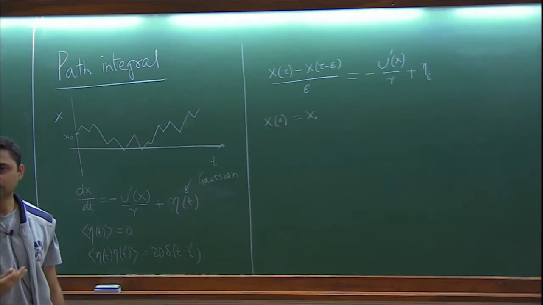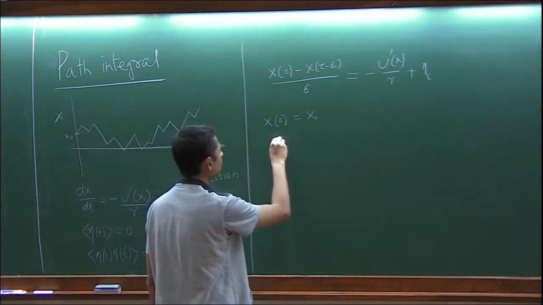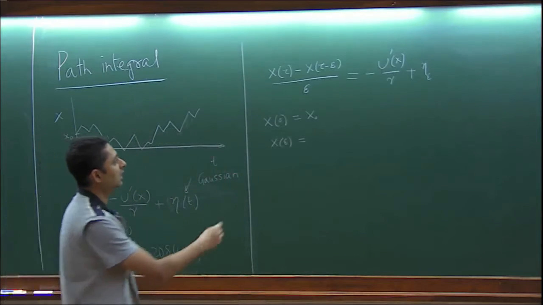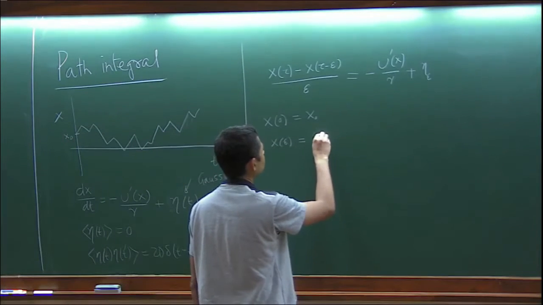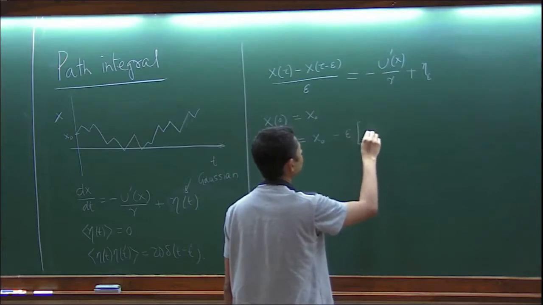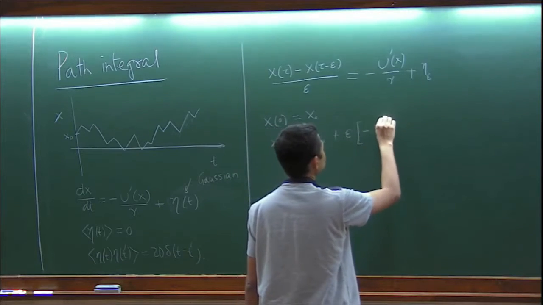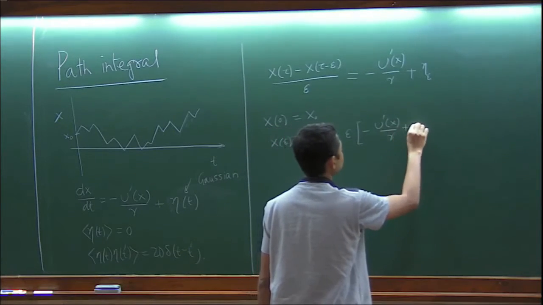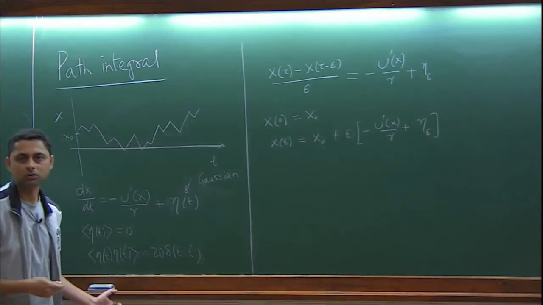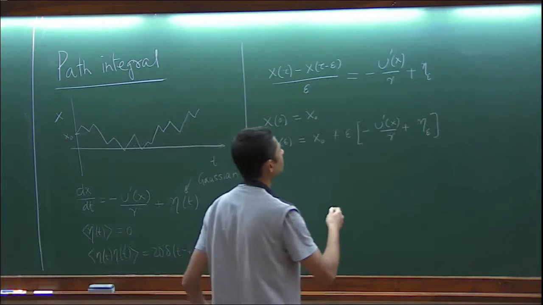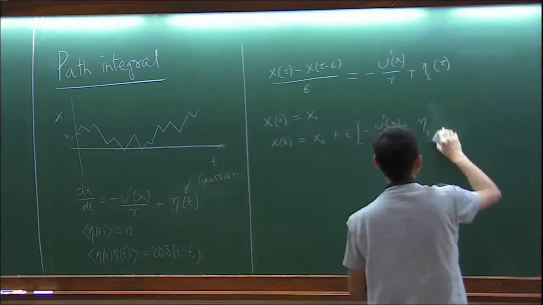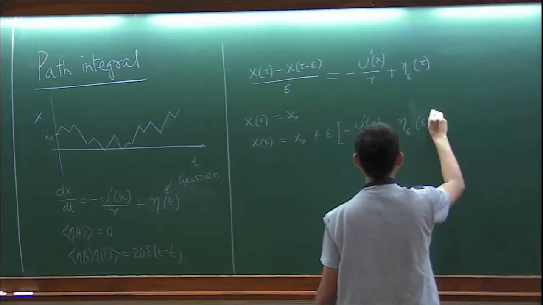Then I can find x epsilon, which will be x0 minus epsilon times the force, plus the noise term. This also has an argument, at epsilon.